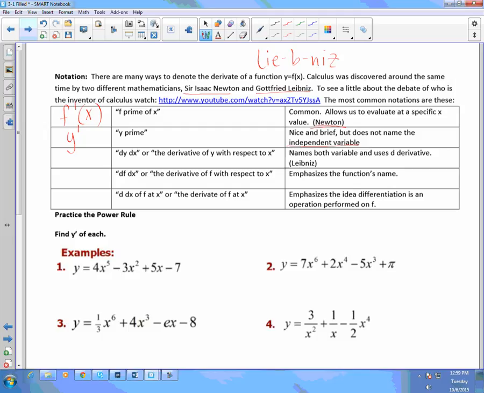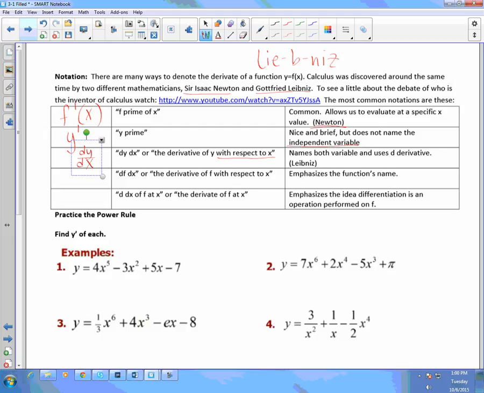Okay, this one, dy over dx, is read dy dx, or you could say the derivative of y, in the numerator, with respect to x. With respect to is whatever variable is in the denominator. These are all notations for the same thing though.